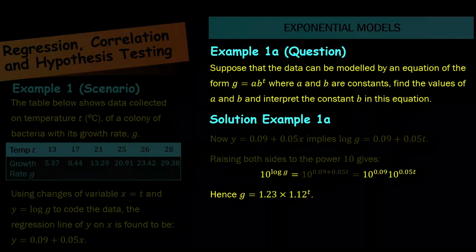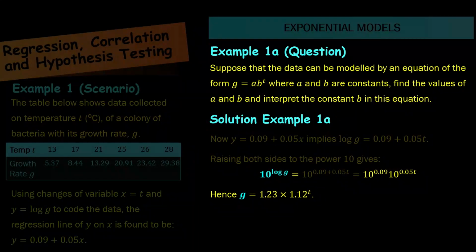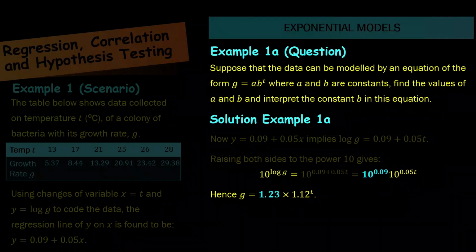And therefore, since 10 to the power log g equals g, we have that g equals 1.23, which is 10 to the power 0.09, times 1.12 to the power t, which is 10 to the power 0.05t.